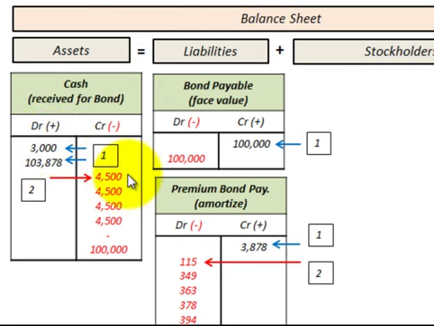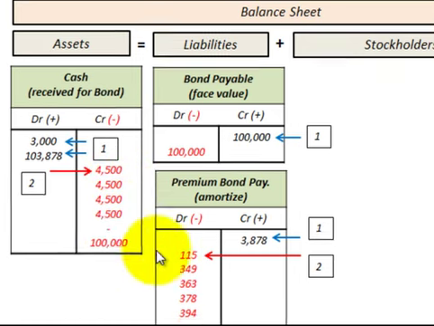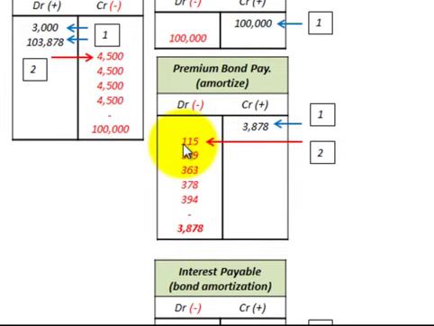Then for each interest payment, we record or reduce cash here by $4,500 plus the $100,000 when the bond becomes mature. Now the premium amortization account here, the first portion of first payment would be for $115, and then we'd amortize the remainder down here such that it would have a zero balance in this premium to bonds payable at the maturity of that bond.